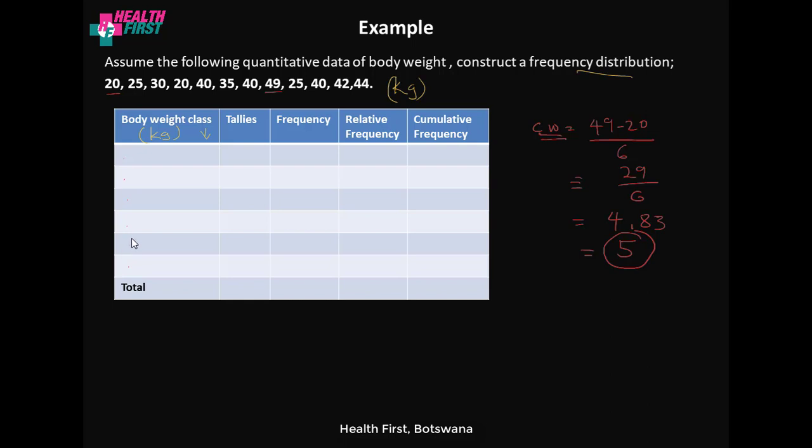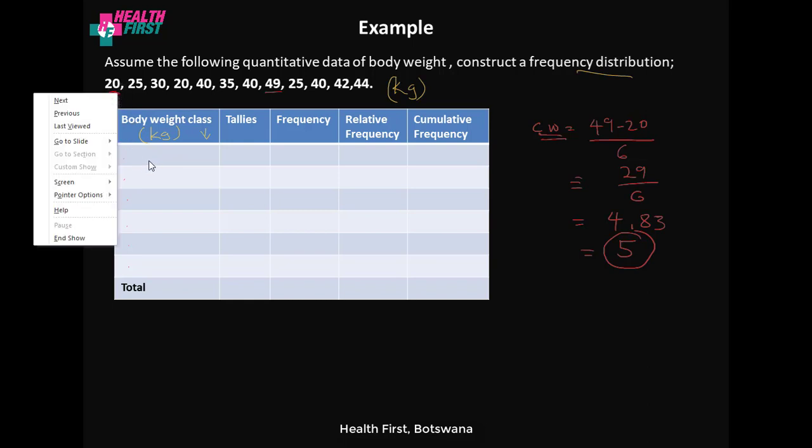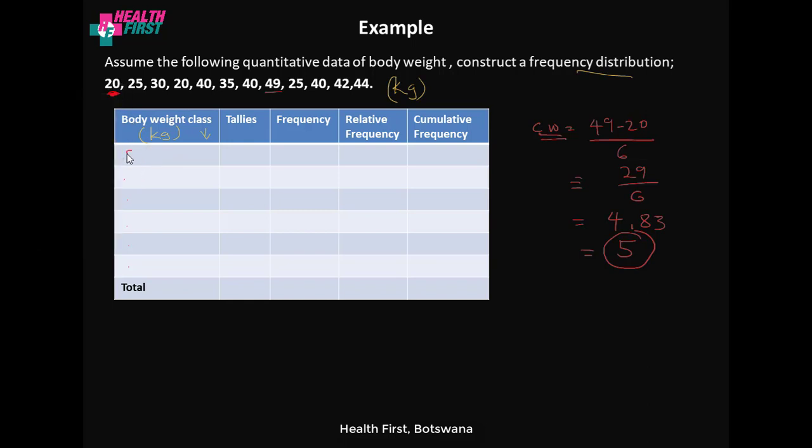So the next step, remember, was we pick a starting point. The starting point that we'll pick here, remember, can be any convenient value, but it's always easy to just pick the lowest value on your data points. So in this case, it's 20. That's the lower class limit of the first class.